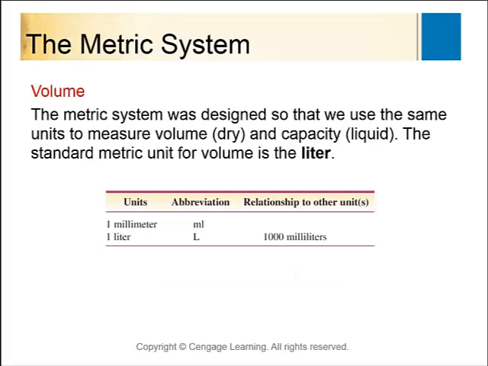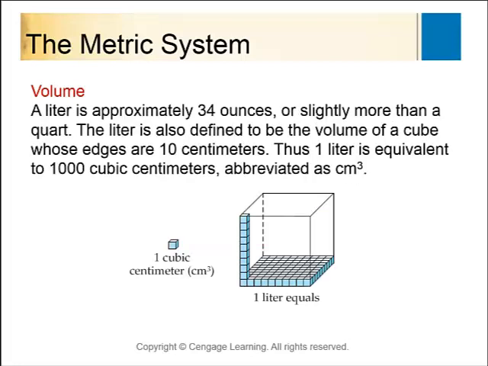Here are the most commonly used units for volume in the metric system. This is a very nice feature of the metric system, is that 1 cubic centimeter equals 1 milliliter, or 1 cc equals 1 milliliter.